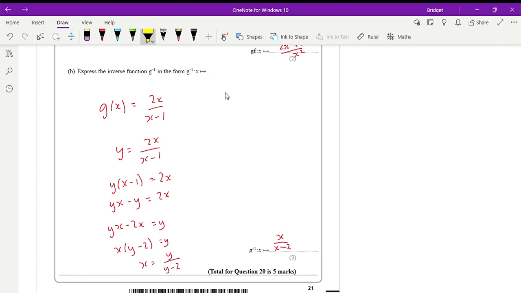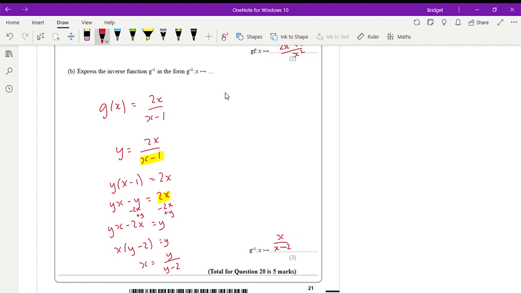So the first thing I did was I multiplied both sides by x minus 1 to get rid of that. Then I expanded this bracket, okay? Then I took away 2x from both sides, and I also added y to both sides, okay?